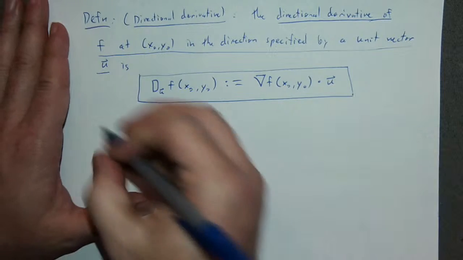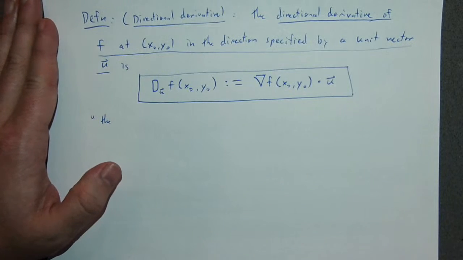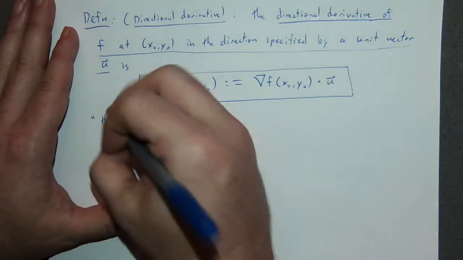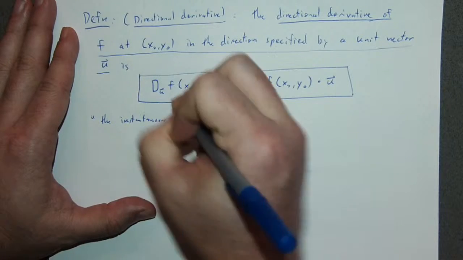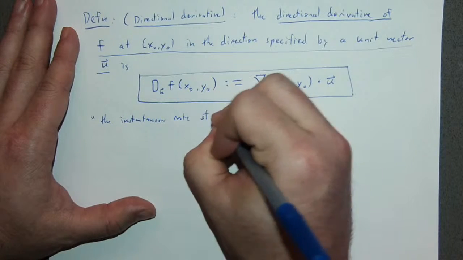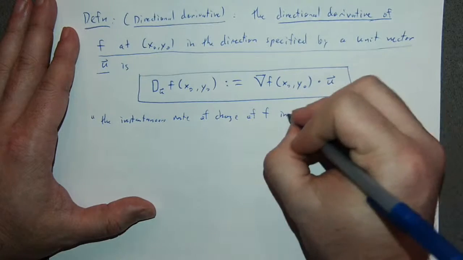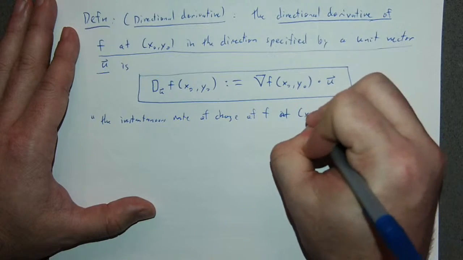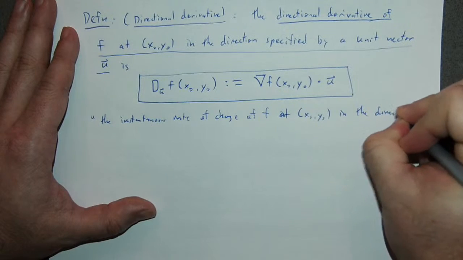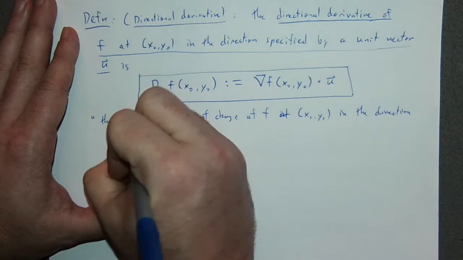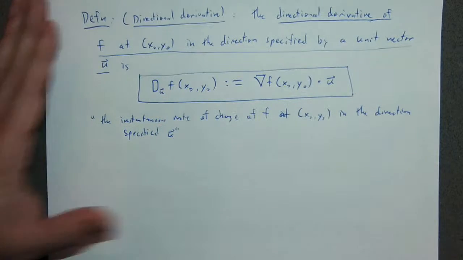And as we saw last time, this computes the instantaneous rate of change of f at x naught, y naught in the direction specified by u, where u has to be a unit vector.